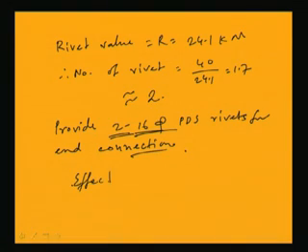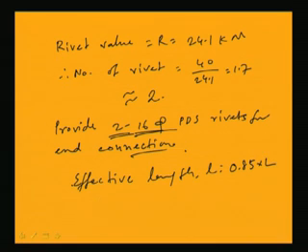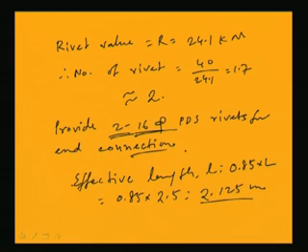So, for this type of connection, as per the codal provision, effective length L will become 0.85 L. So, 0.85 into length 2.5, that is 2.125 meter. So, here the effective length is going to change because of the type of the connections.